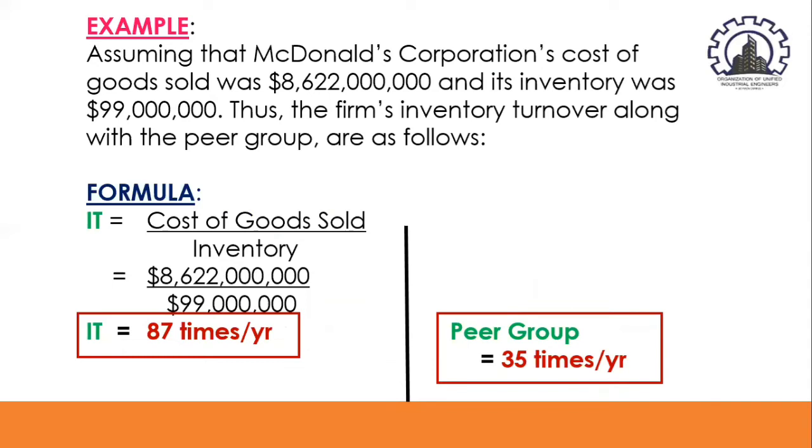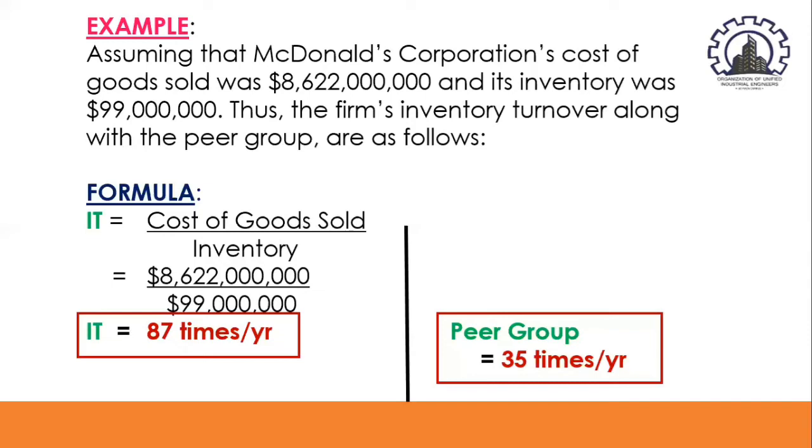For example, assuming that McDonald's Corporation's cost of goods sold was $8,622,000,000 and its inventory was $99 million, therefore, the firm's inventory turnover along with the peer group are as follows.